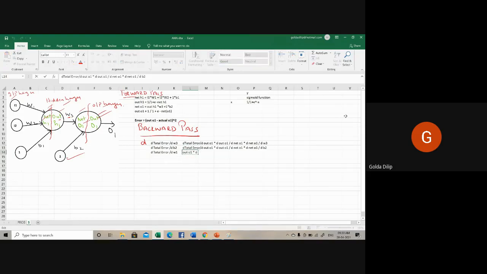So it will be the partial differentiation of total error by out O1, into out O1 by net O1.